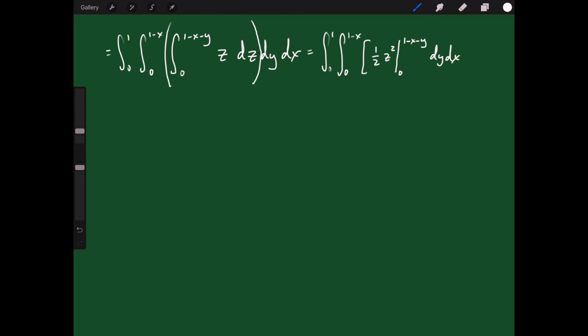Okay, let's plug things in. If I plug things in, I get integral 0 to 1, integral from 0 to 1 minus x. If I plug in 1 minus x minus y for z, I get 1/2 of 1 minus x minus y quantity squared. And then if I plug in the 0, I just get 0. So this is going to be dy dx.